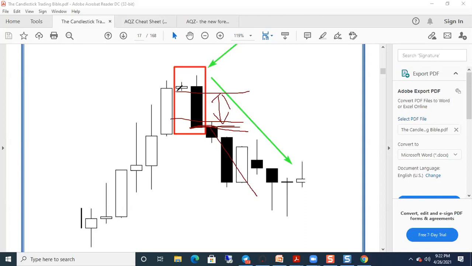So that we cover the bridge, you wait for price to come back to the tip of this candle that was engulfed, and then you sell off from there. So two entries, two ways to trade a bearish engulfing candlestick pattern. You enter upon the close of the bearish engulfing, that is the engulfer, or you wait for price to pull back to the tip of the engulfed candle, and then you take your sell.